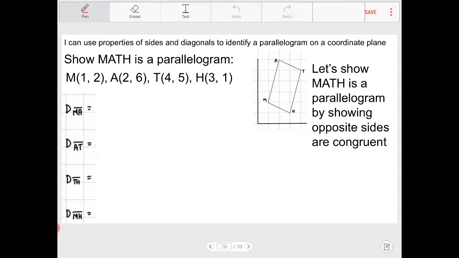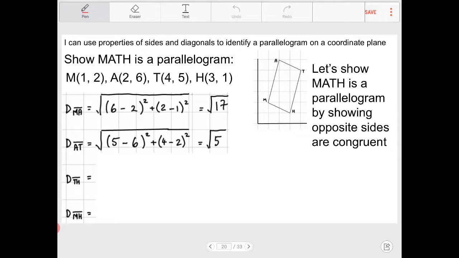So we're going to find the distance of MA. Again, you do not necessarily have to use a distance formula. You can simply use the Pythagorean theorem. It can be shown that the length of MA is square root of 17. The length of AT is square root of 5.